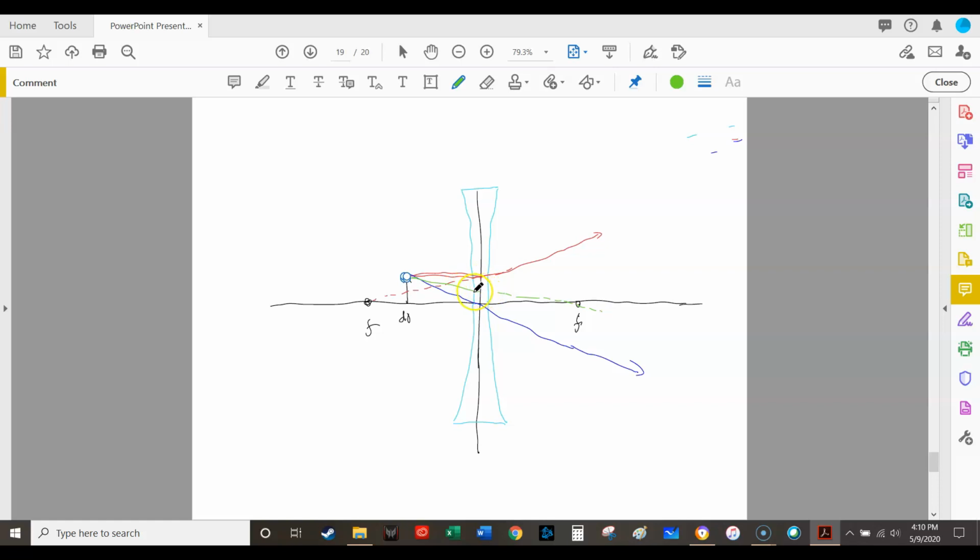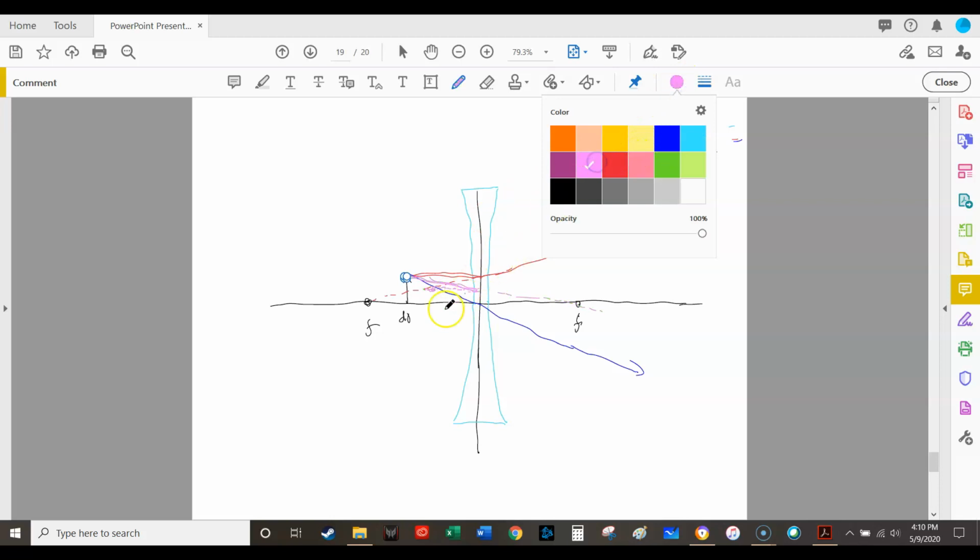But where it hits the lens, the center of the lens, it's going to backtrack here with a dotted parallel line to the optical axis, and they seem to all converge right there.